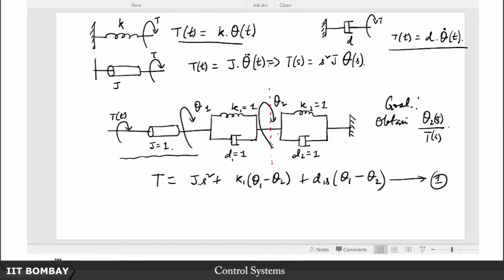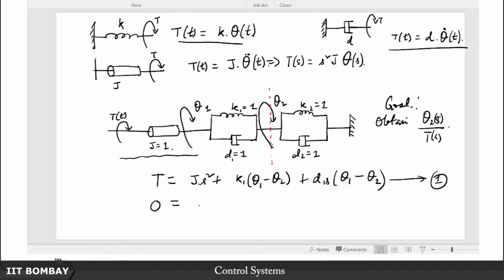So look at this segment here. What is my second equation? If I write the equation for this segment, there is no externally applied torque here. If I have decided to cut the connection here, there is no externally applied torque here, so I easily write a 0 on the left hand side. But what about the equation on the right hand side? What is balancing this after all? What is on the left of this?